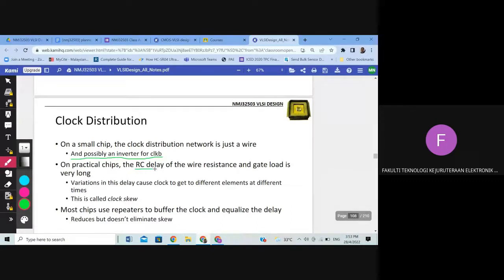Remember, R stands for resistance and C stands for capacitance. Most of the resistance comes from the wire that transfers the data and the clock.